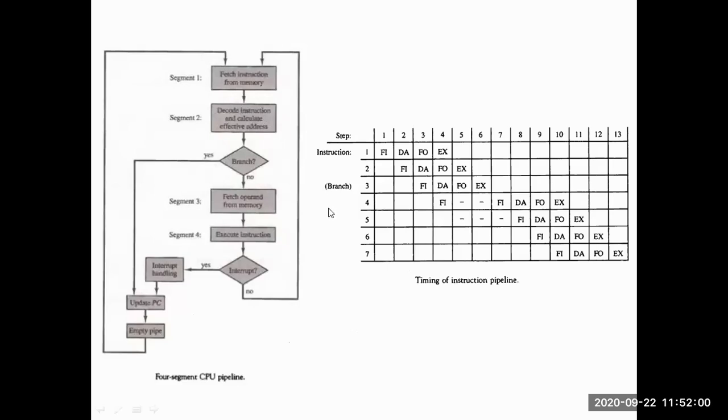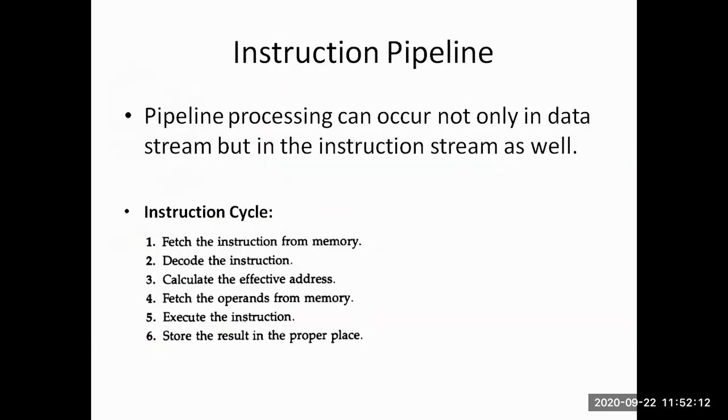Decoding and calculating the effective address can be combined, and then there will be the fourth phase, that is fetching the operand from memory, and the fifth and sixth can also be combined, right? So for simplification purposes, we say that this is the first phase. Two and three can be combined and done as a single segment. They can be done simultaneously actually. So we can decode the instruction and calculate the effective address simultaneously.